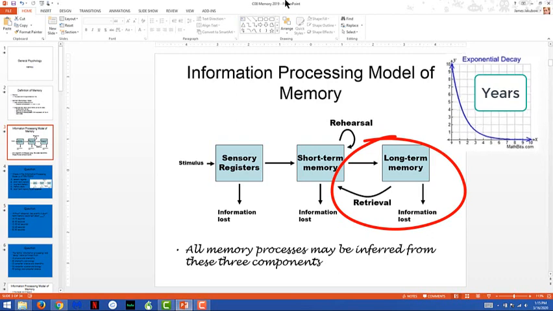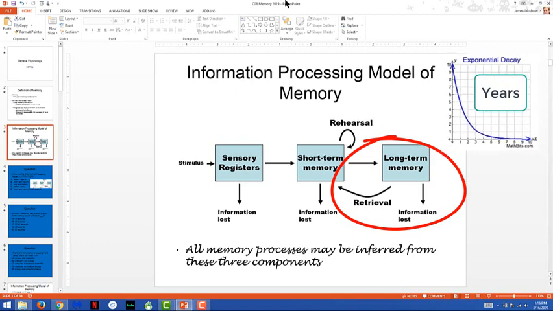So what we're going to wind up saying is three general processes that we're going to look at in more detail later on. The metaphorical components that are similar to a computer system. Encoding information into your memory, the storage of information in your memory, and then the retrieval of information from your memory. Encoding, storage, and retrieval.